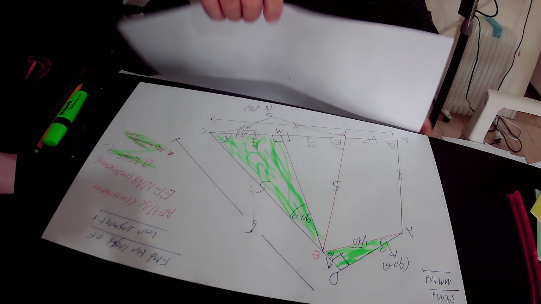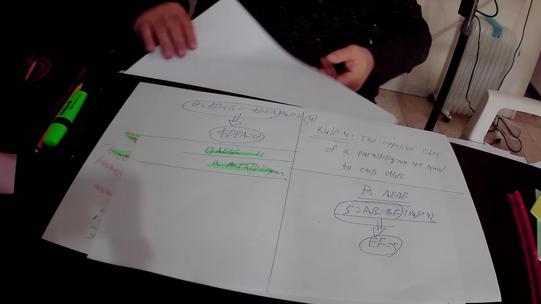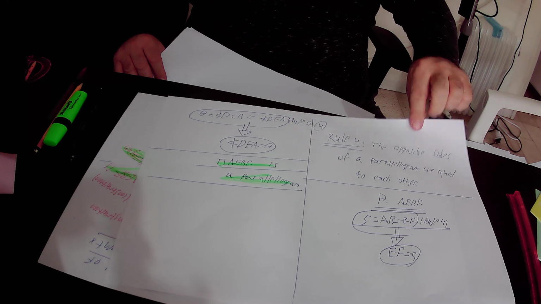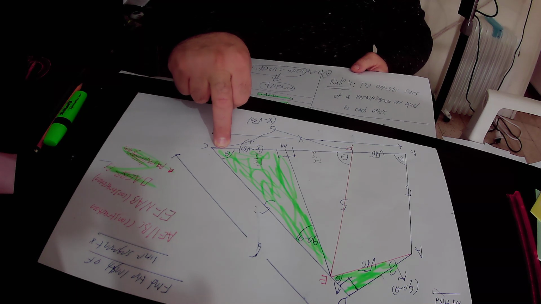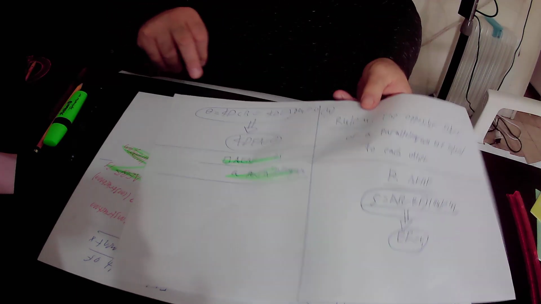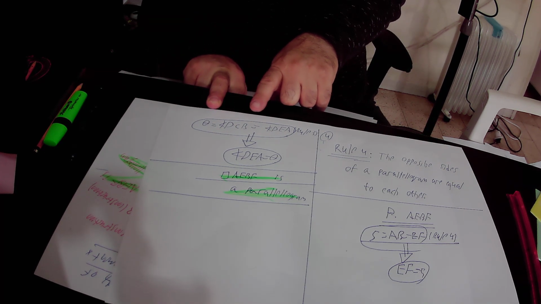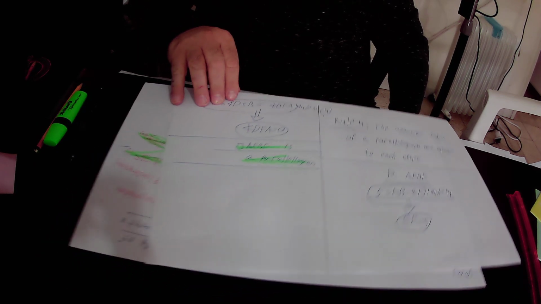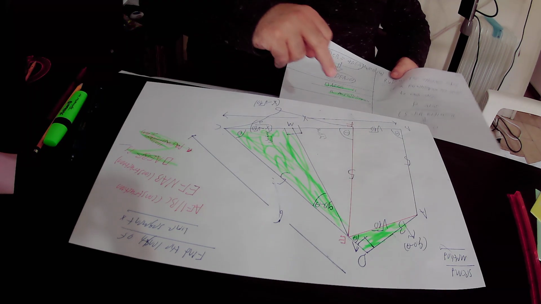So, according to rule number 3, we know that angle DCB equals angle DEA, but it is given in the question that angle DCB equals theta. So from the equation theta equals angle DCB equals angle DEA, we derive that angle DEA also equals theta.